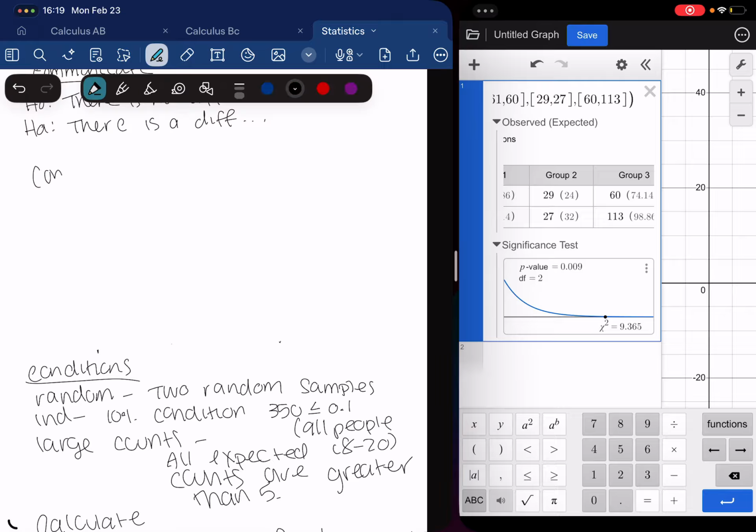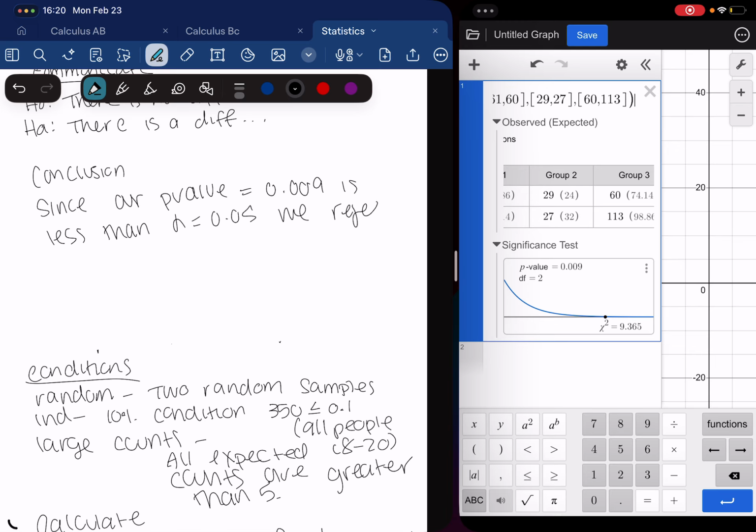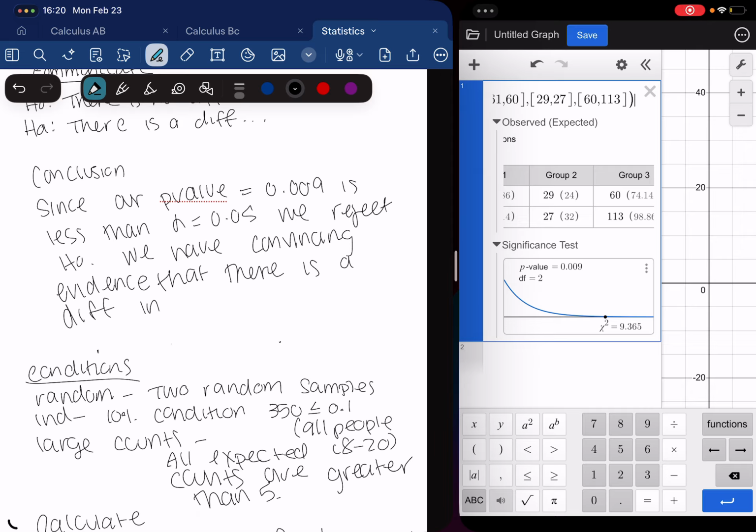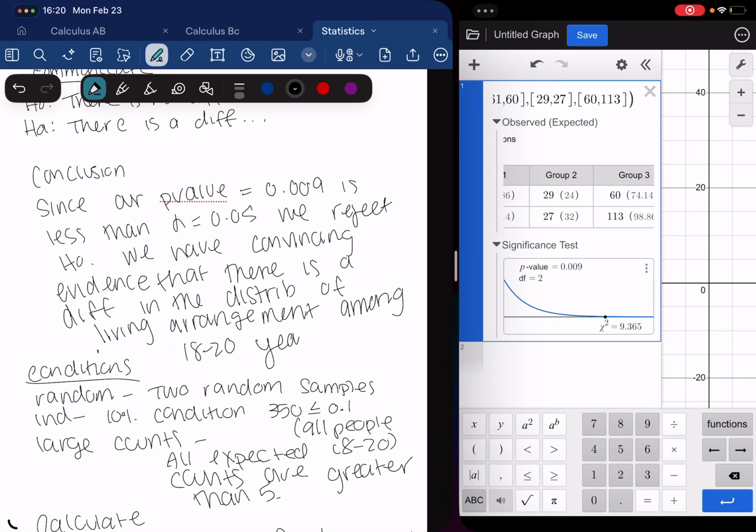So for my conclusion, I'm going to say that since our p-value equal to 0.009 is less than alpha equal to 0.05, we reject the null hypothesis, which means we have convincing evidence that there is a difference in the distribution of living arrangements among 18 to 20-year-old males and females.